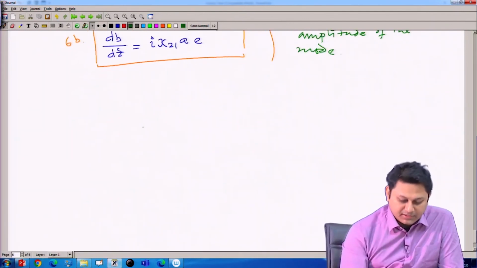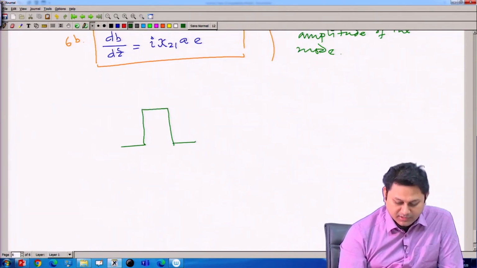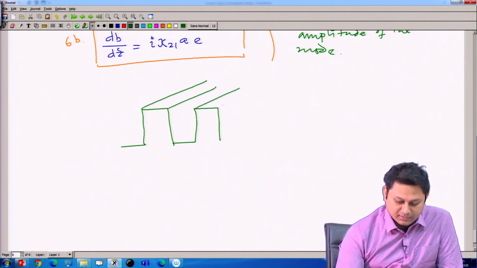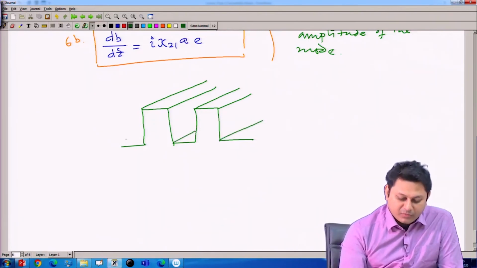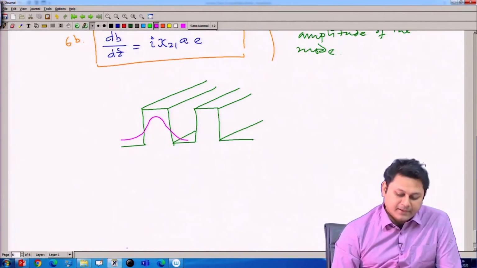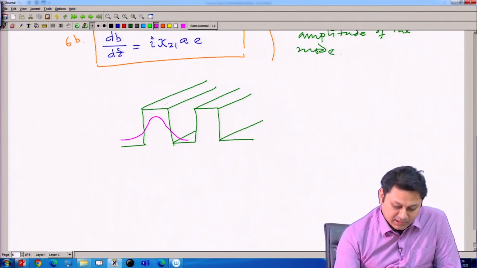That means this is my waveguide structure I am drawing once again, and suppose in 3D it is like that. I have a wave here launched somewhere having some kind of mode structure, and during the propagation, along the z direction, it is going to propagate. So, this is the z direction.